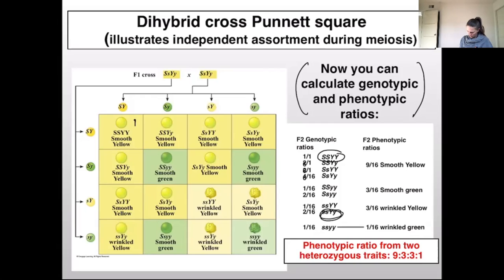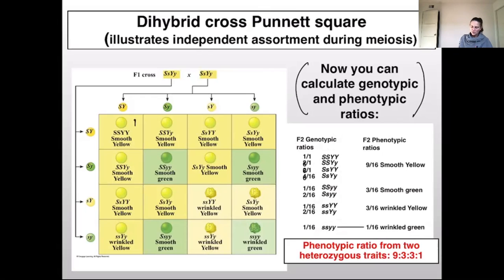So you go through little s, big Y. Okay, so there's two of 16, right? The kicker is that you also have to be able to determine the phenotype that comes out of this.